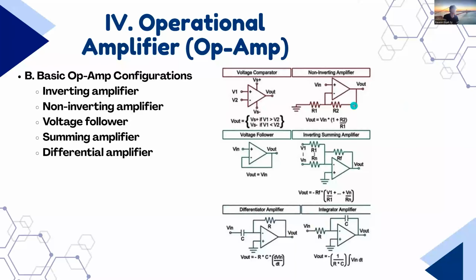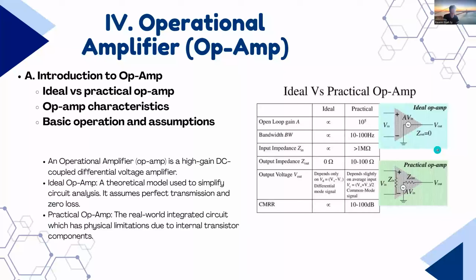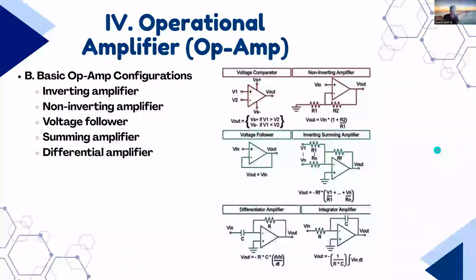The input signal is fed through a resistor to the inverting input. The non-inverting input is grounded. The output is amplified and inverted by 180 degrees of phase, as shown by the gain formula: AV is equal to negative RF over Rin.